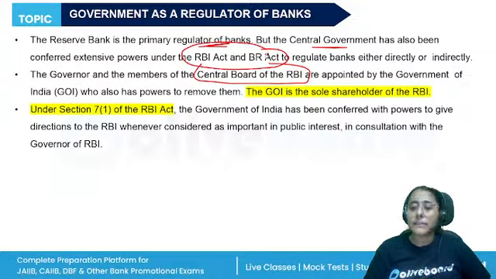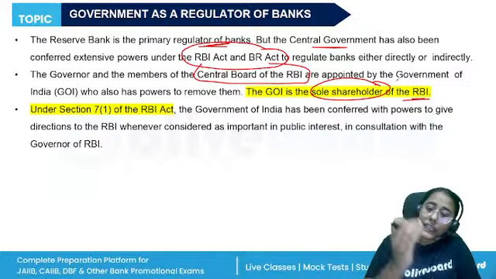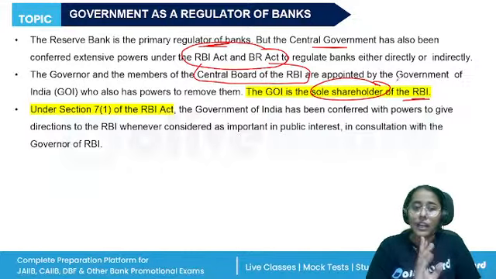Officers are nominated by the government. The government is also the sole shareholder of RBI. Earlier, the government had 51% shareholding. Later on, it was wholly acquired. The only shareholder of RBI is the government.